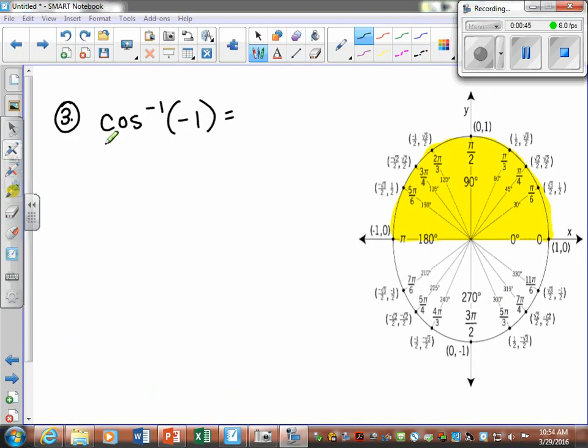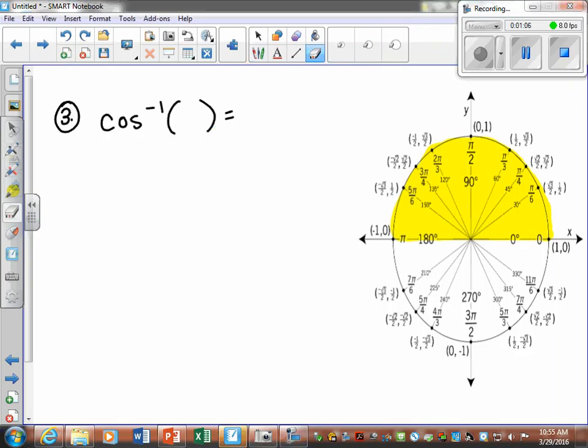Okay, our first example is the cosine inverse of -1. I highlighted our region to which our answer is restricted, from 0 to pi. And now we say, what angle would you have to take the cosine of to get -1? Oh, this should be +1.